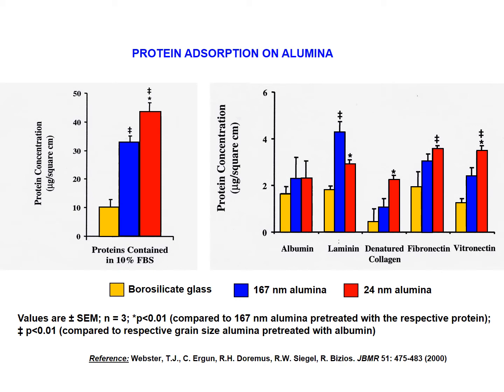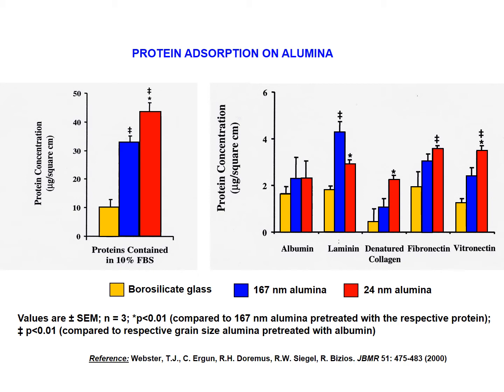The red bars, adsorption of these proteins on nanostructured alumina. As you can see, in the case of albumin, which is a protein very important for maintaining the osmotic equilibrium in the body, but it's not an adhesive protein, the two bars are of the same height. Therefore, there is no difference between adsorption of albumin on either conventional or nanostructured alumina.